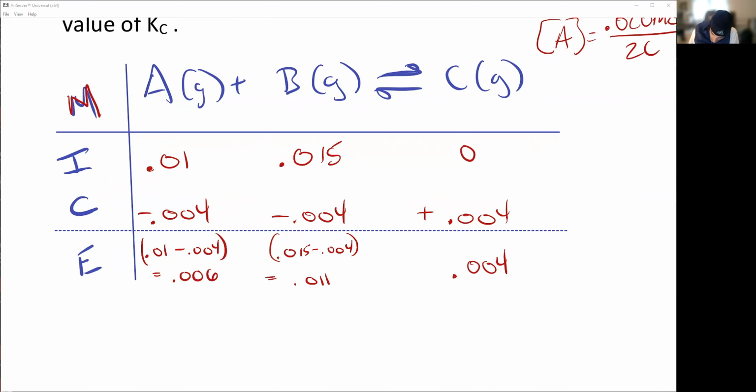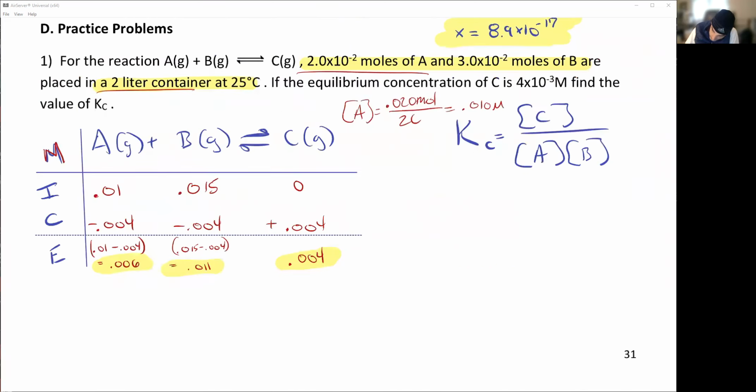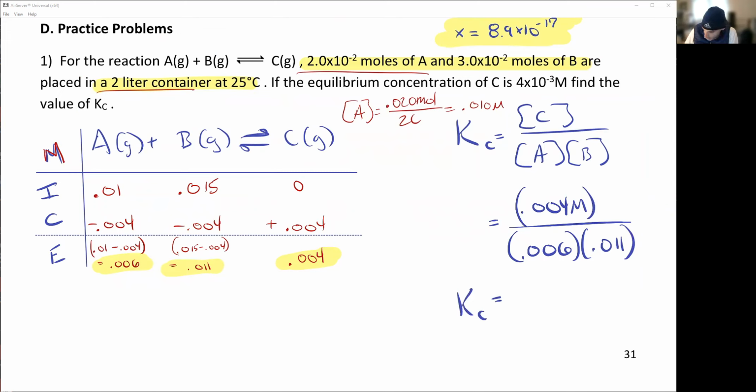And there we go. We have our equilibrium values and we just plug them in. So Kc is equal to concentration, so 0.004 molar, divided by 0.006 molar times 0.011 molar. So Kc is equal to 60.6. Reactant or product favored?